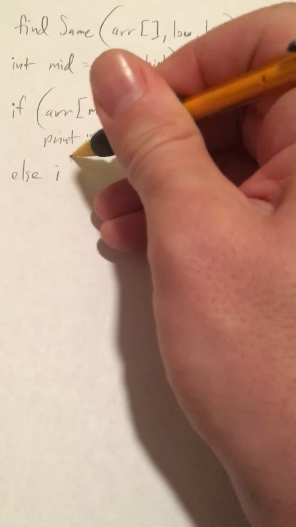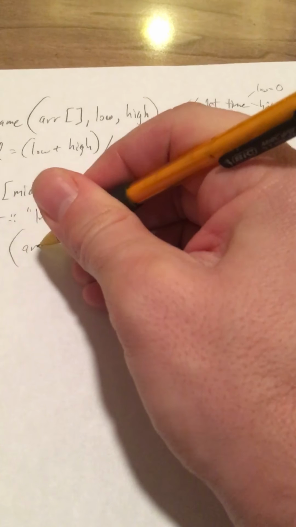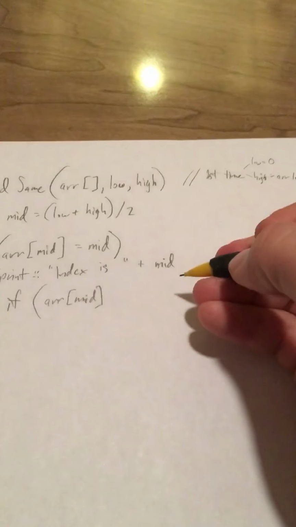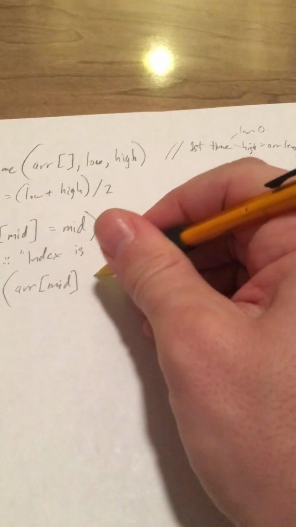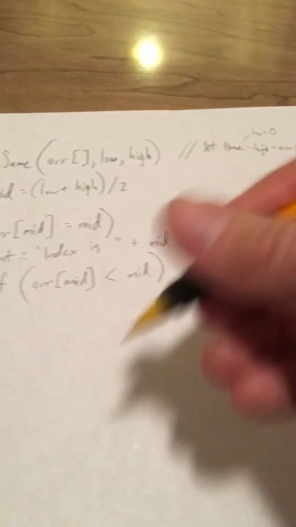Else, we have to check for greater and lesser. So if the value in that element is less than the element number itself, then we have to recursively call find same again.